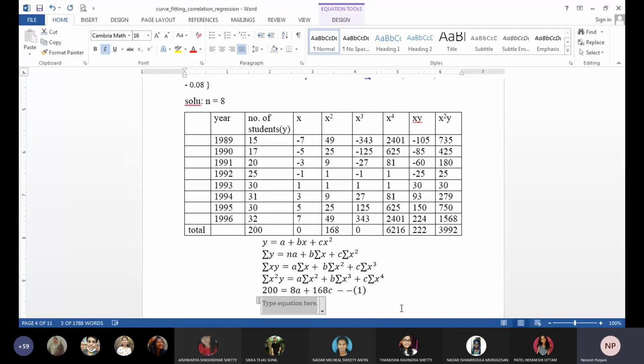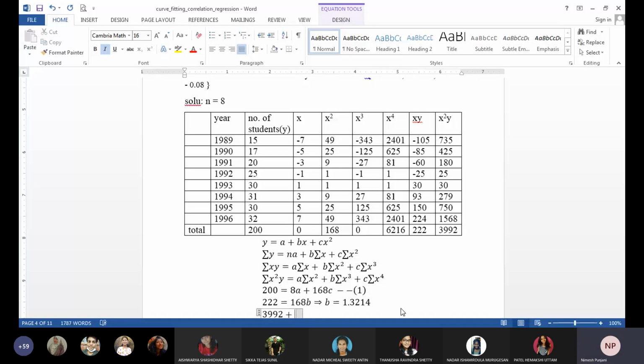Second equation: summation xy, summation x cube दोनों 0 है तो अपने को यहां से डायरेक्टली b का वैल्यू मिल जाएगा, 1.3214. तो उसका इक्वेशन का नंबर नहीं लेते हम लोग बिकॉज डायरेक्टली वी गॉट द वैल्यू ऑफ b.